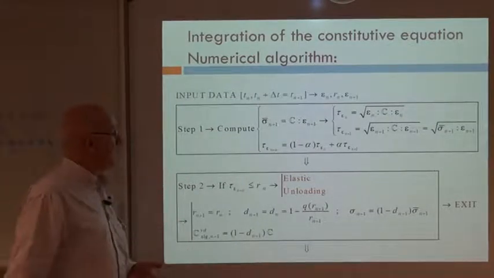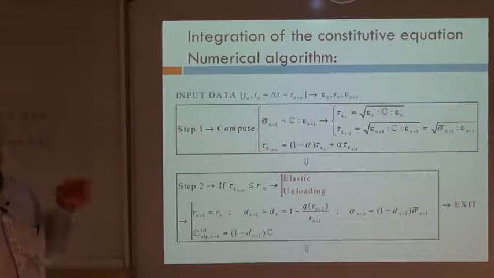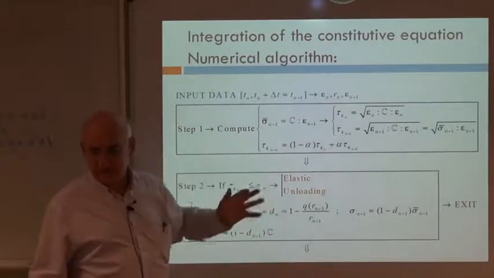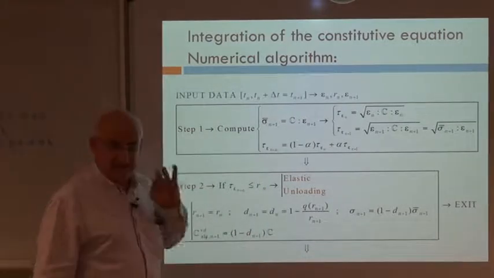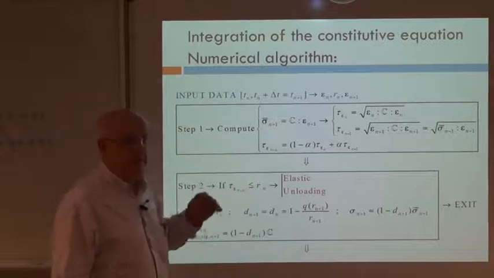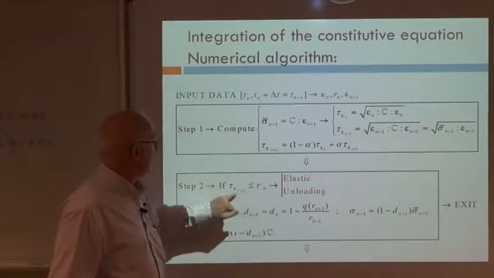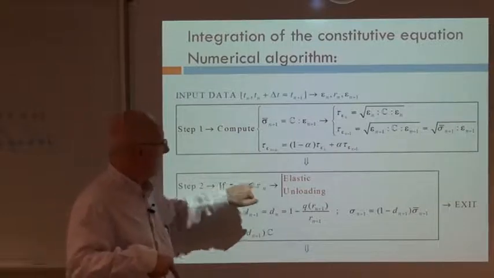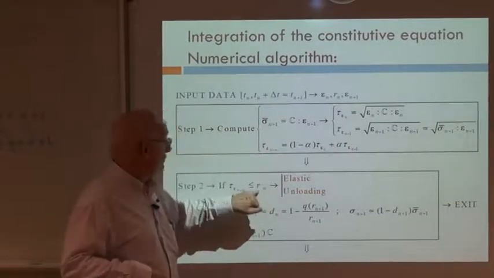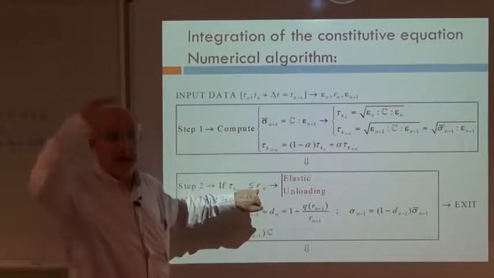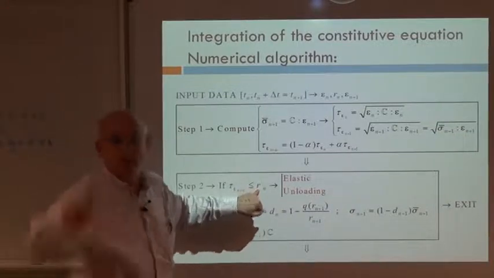Step 2, integration. Here I have to distinguish two cases. Elastic unloading or neutral loading, which is just checked. In principle, we should check tau, the norm of the strains at the point n plus alpha, with respect to r n plus alpha, which we don't know because it would depend on r n plus 1, a nonlinear loop.